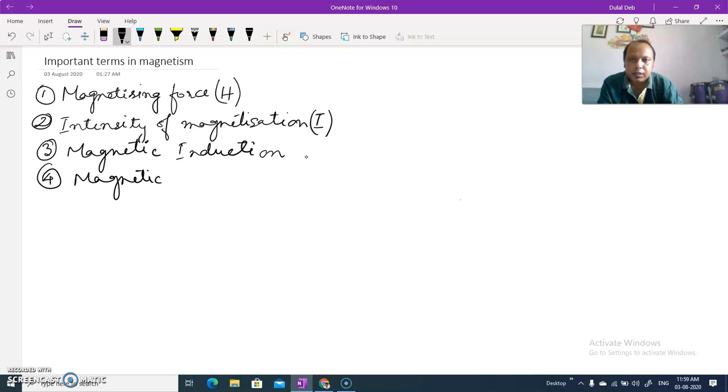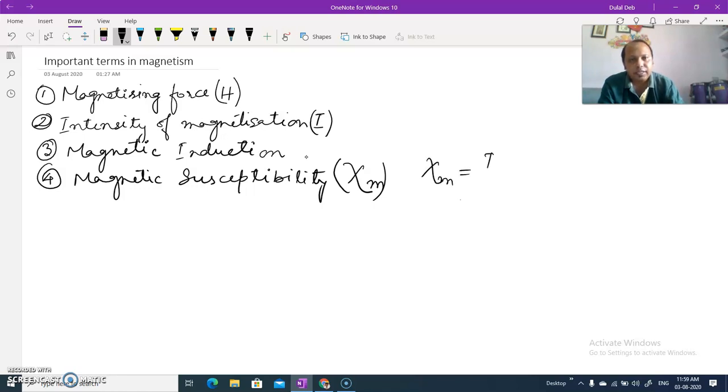Symbolically it is represented by chi m, and it is the ratio of intensity of magnetization to the magnetizing force, and obviously it is dimensionless, because I and H have the same unit, ampere per meter.